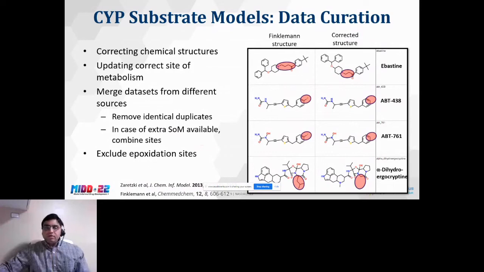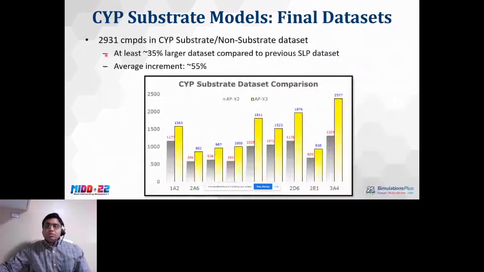But finally, when we compiled our final data set, we had almost 3,000 compounds in our substrate non-substrate data set. We had substrate models in ADMET Predictor in the past, but these models use over 50% larger data sets compared to our previous Simulations Plus data set, which was used to build the CYP substrate models.